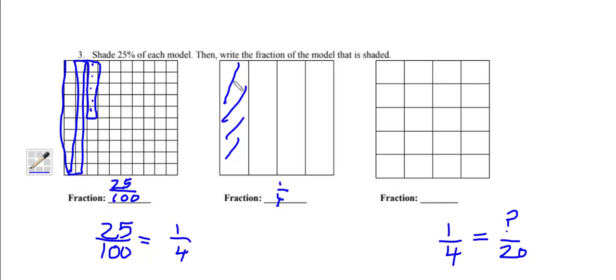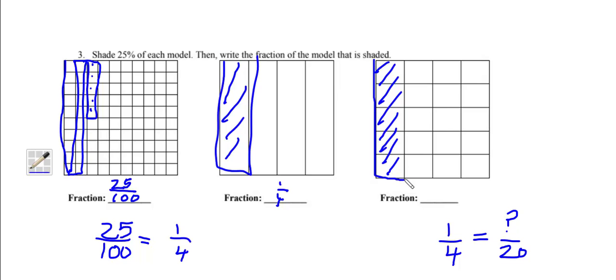Well, would it be kind of the same idea of what we have over here? Let's just shade it in and compare what we have shaded. So if we shade all of this in, that's equal to 1/4. Is this still equal to 1/4? Because don't we have 1, 2, 3, 4 chunks that size in the all of it value? Well, how many of the little squares is it?